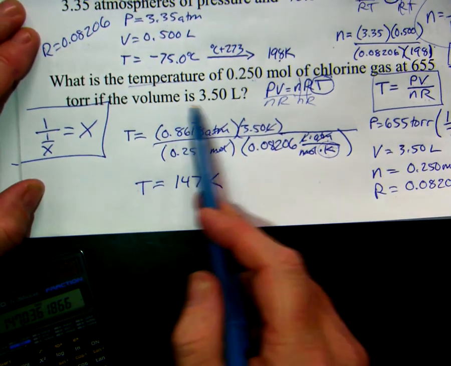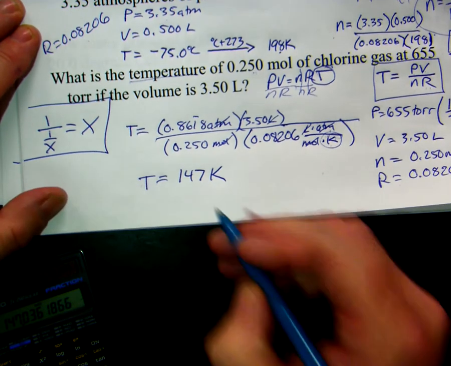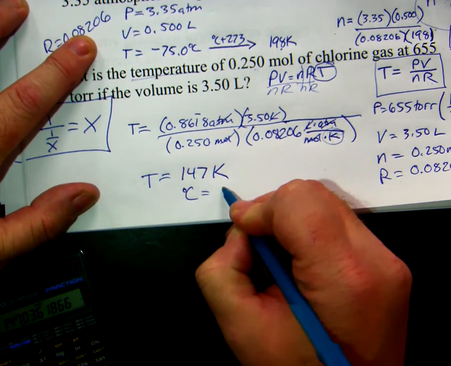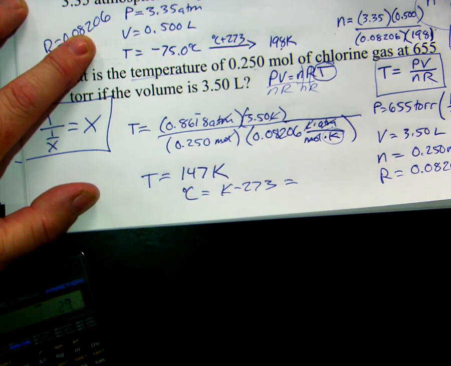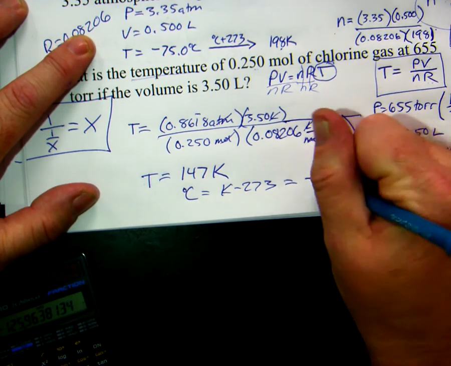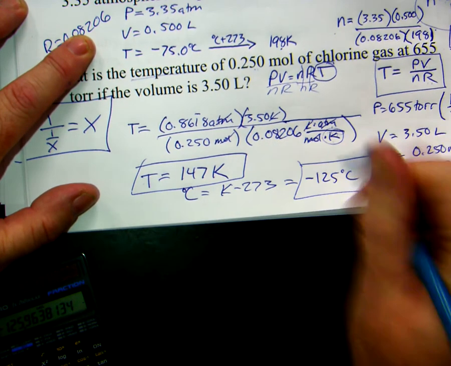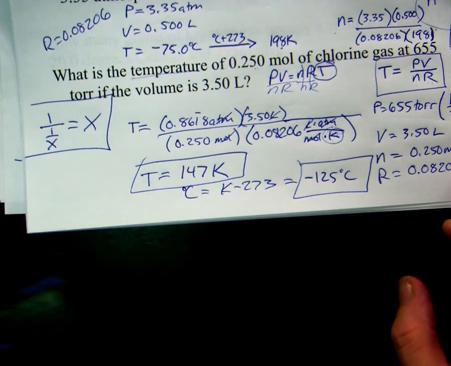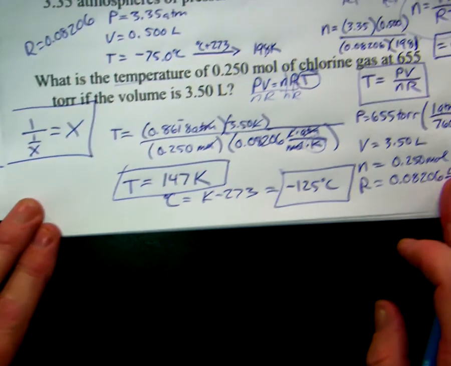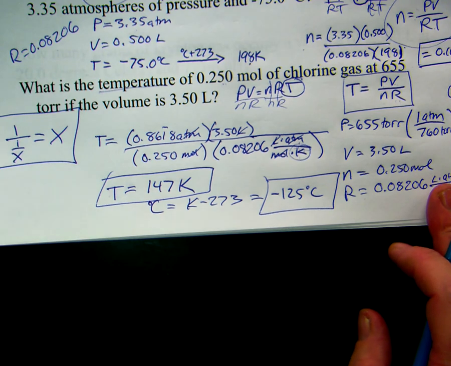Now the problem didn't specify whether to provide the temperature in Kelvin or degrees C, but if I said degrees C equals Kelvin minus 273, then we would list it as negative 125 degrees C. So that is fine as an answer. The problem will specify for you which temperature unit to use, and if not, then use whatever you want.